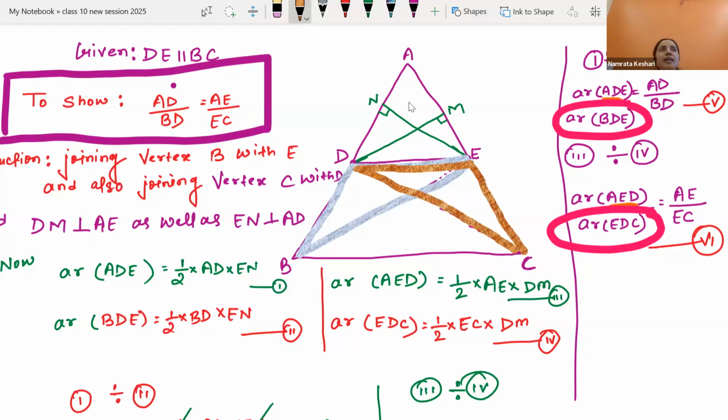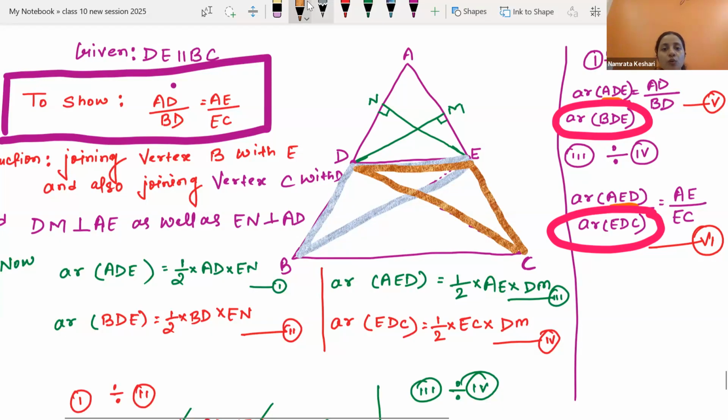If we can say anyhow that the areas of these two triangles are exactly same, then we are done with the proof, because that way we will be able to say that LHS is same, hence RHS we can compare, and hence the proof.